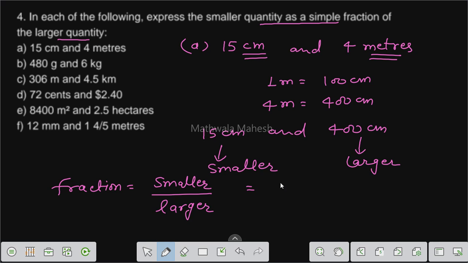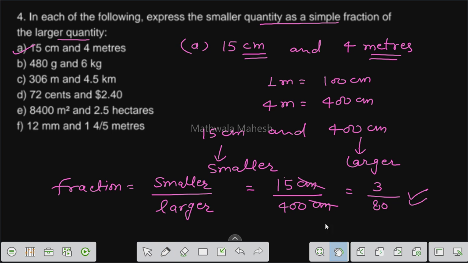Okay, so smaller is 15 centimeter upon 400 centimeter, centimeter to centimeter, and 15 upon 400 is, if we divide by 5, then in numerator it is 3 and in denominator it is 80. Okay, so the fraction is 3 upon 80. This is the correct answer for A.